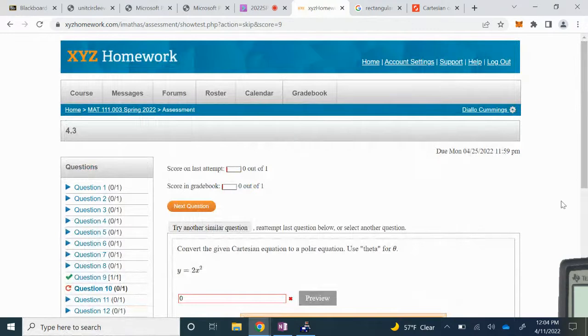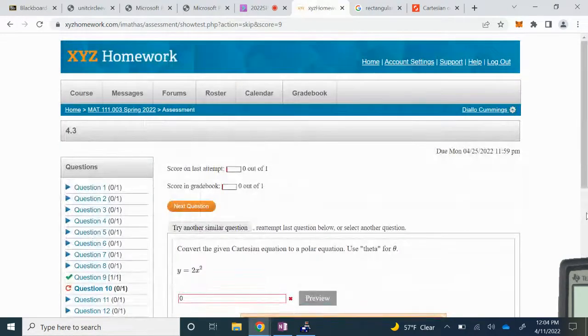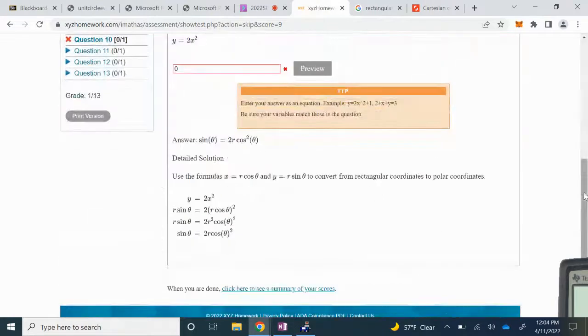I'm just going to put 0 in. See, for some strange reason, it doesn't solve problem number 10 for r. It just sort of leaves it in this form.